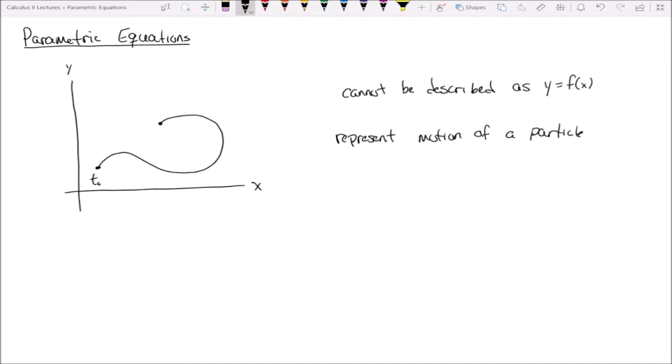Right, t naught. This could be some final time t, right? We could have some t1, right? So the particle will be located there at t1. Could be located here at t2. Right, in this case, we say the motion is going along this way.